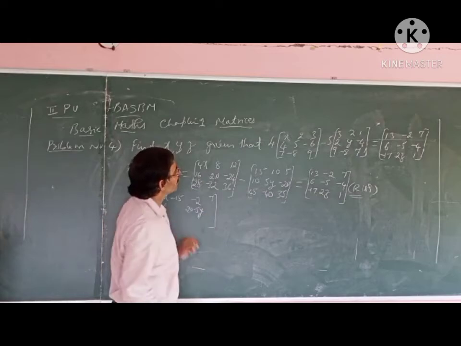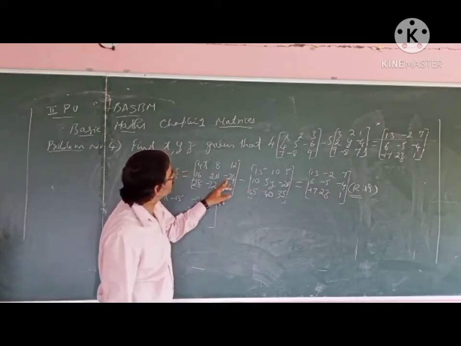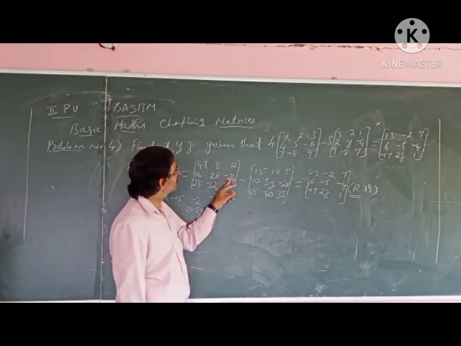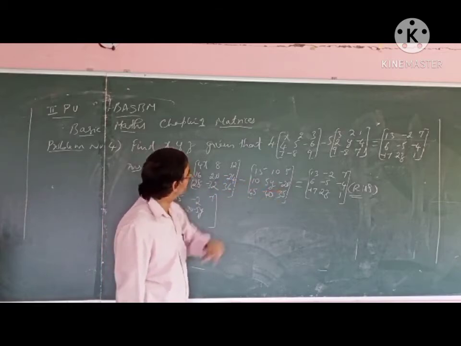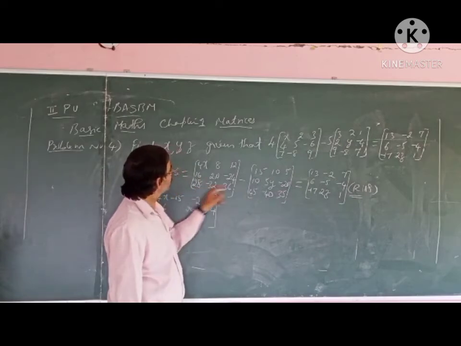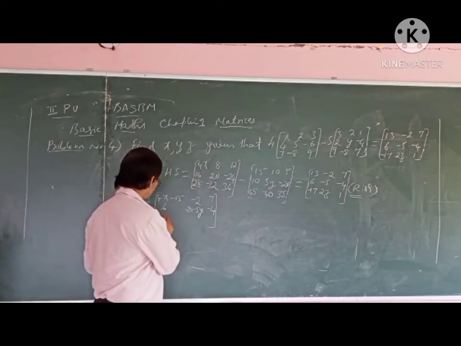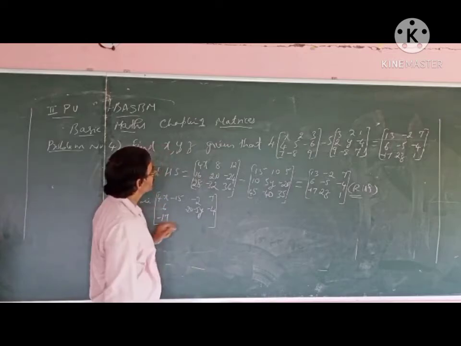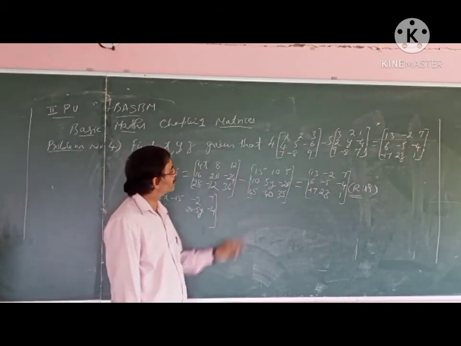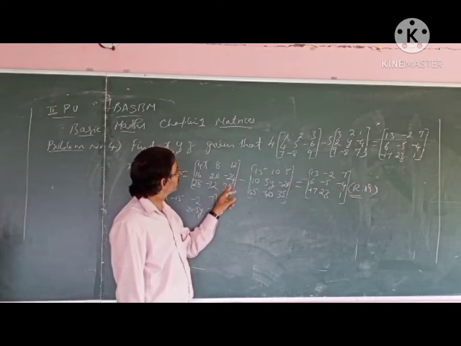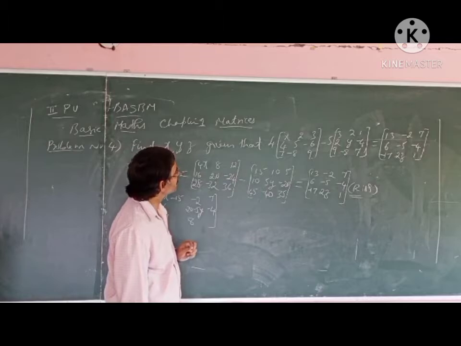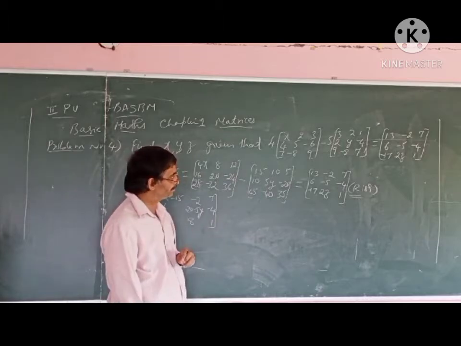Next one, minus 24 minus 20: minus will become plus, minus 24 plus 20, so minus 4. Next one, 28 minus 45, so minus 17. Next minus 32, minus will become plus, minus 32 plus 40, so plus 8. Last one, 36 minus 35, 1.